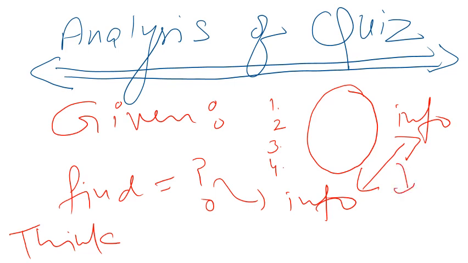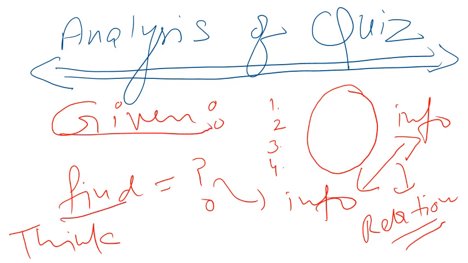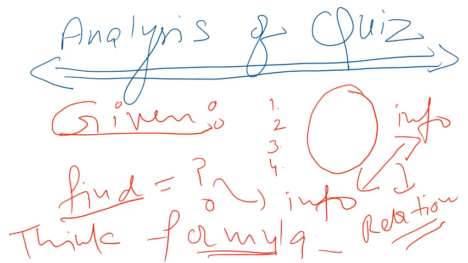So here you have to find the relation. Relation means you have to think of the formula which relates the information which is given and the parameter you have to find. After relating them, you write the formula and then you start. So this is the correct step to find the solution of any equation.